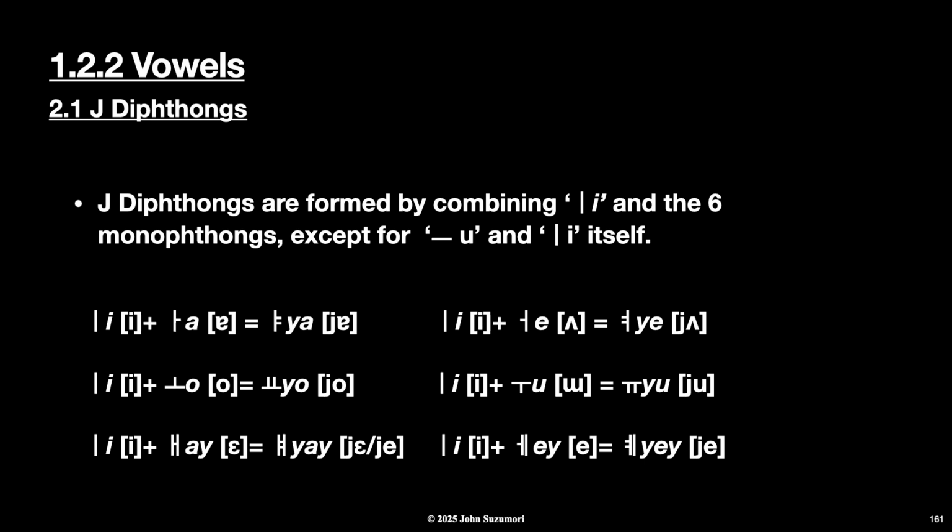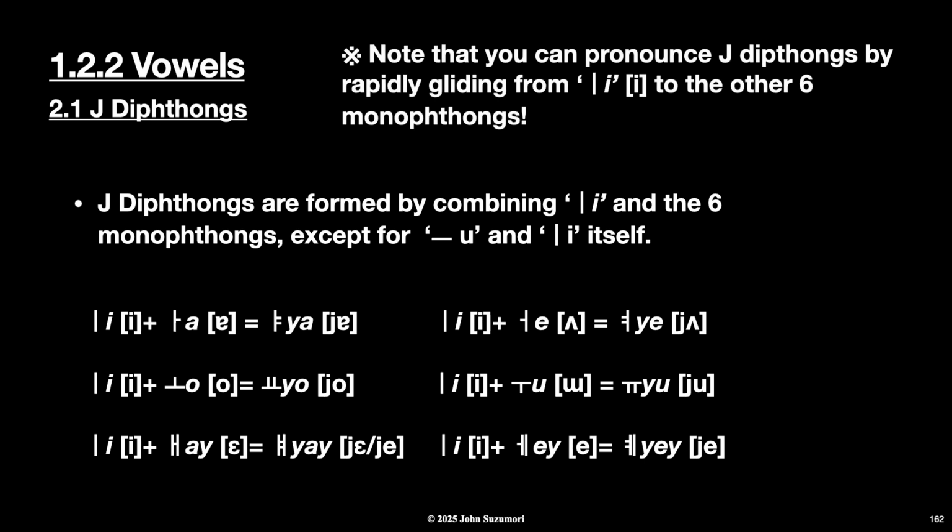J-diphthongs are formed by combining the monophthong E and the following 6 monophthongs, except for U and E itself. Note that you can pronounce J-diphthongs by gliding from the monophthong E to the other 6 monophthongs.